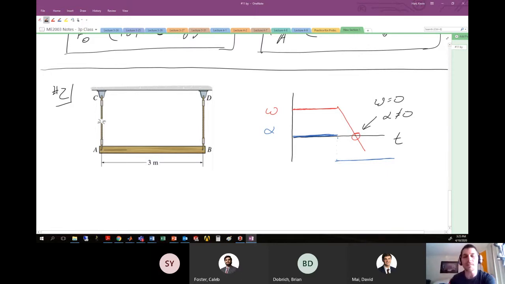So why is that important for this problem? Because we have that exact situation here. Right when that cord snaps on this particular piece, just before that cord snapped, I'm standing still. I have zero angular velocity. But right after that cord snaps, this thing will begin to accelerate in an angular fashion. I haven't really moved yet, but I'm in the process of potentially moving.